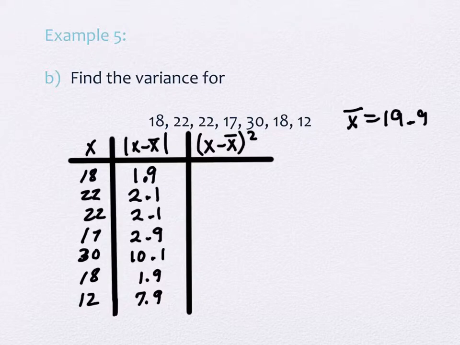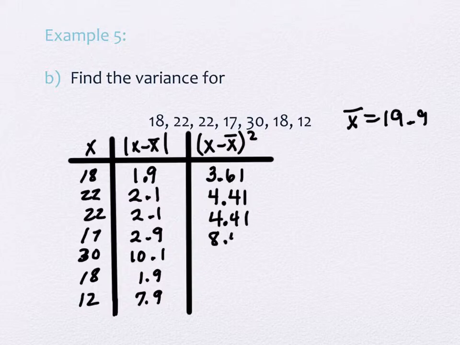So what is 1.9 squared? 3.61. How about 2.1 squared? 4 point something. Okay, and I have 2 of those. How about 2.9 squared?